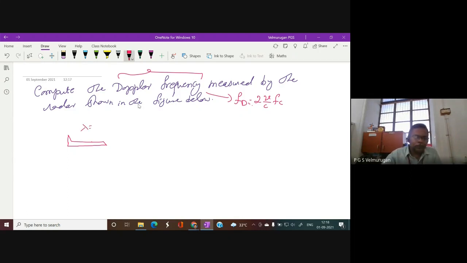In which the wavelength is given as 0.03 meter, and the velocity of this radar is 250 meter per second. There will be a radar present in your aircraft itself. Similarly, there is another radar which comes towards this radar.